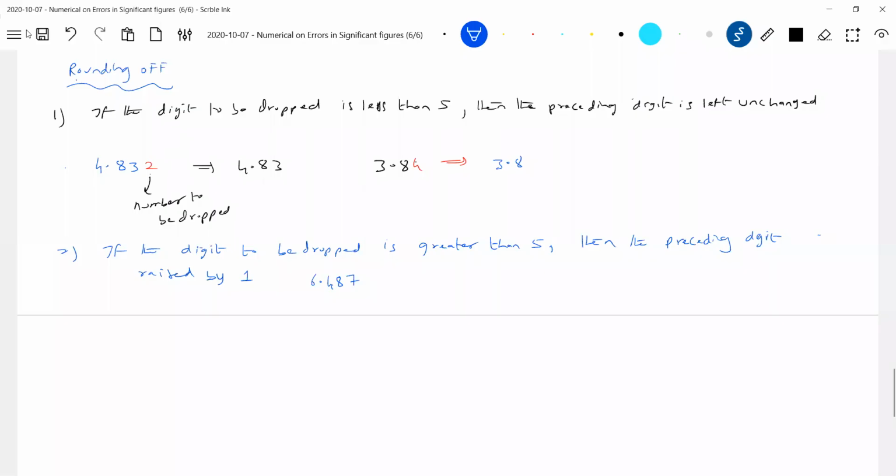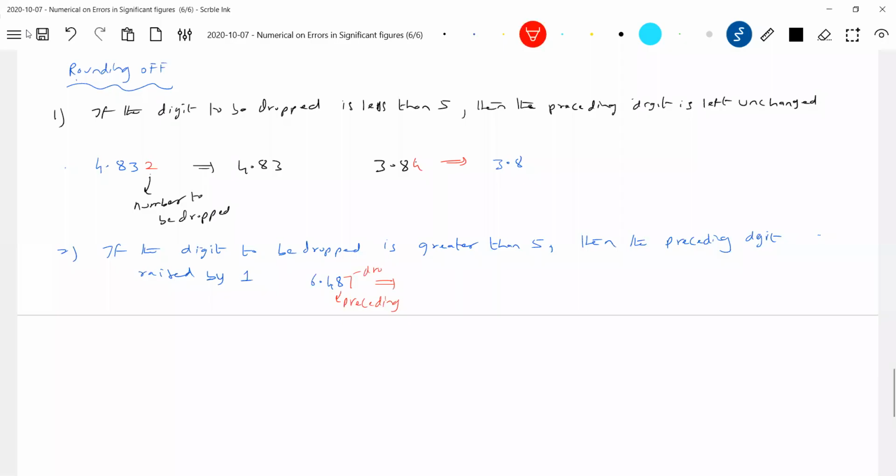Okay, we'll continue now. If the digit to be dropped is greater than 5, then the preceding digit is raised by 1. Now the digit to be dropped is 7. So the preceding is what? This 8 is the preceding one.